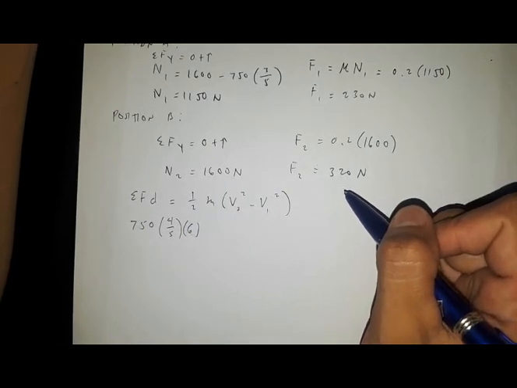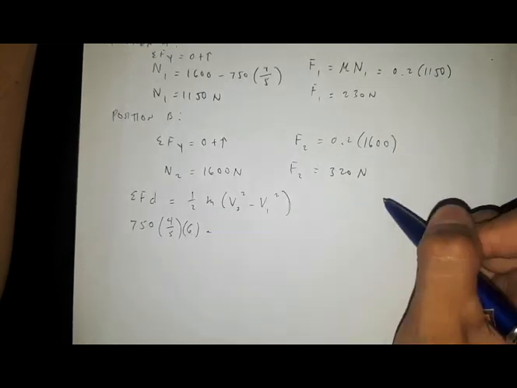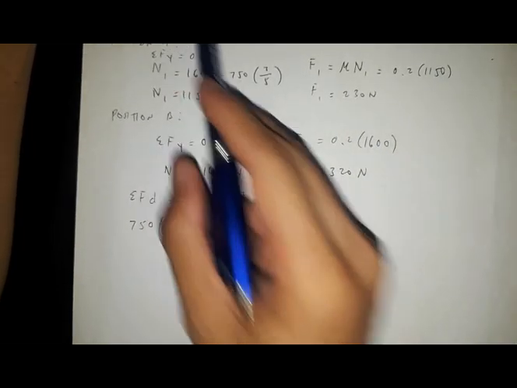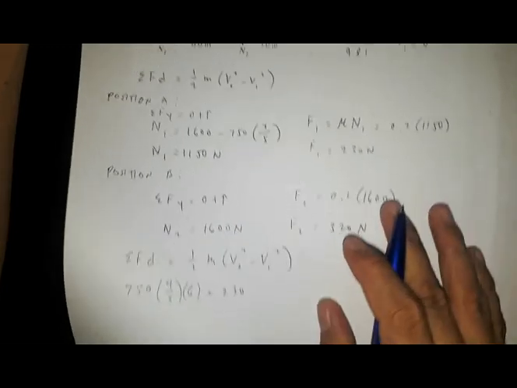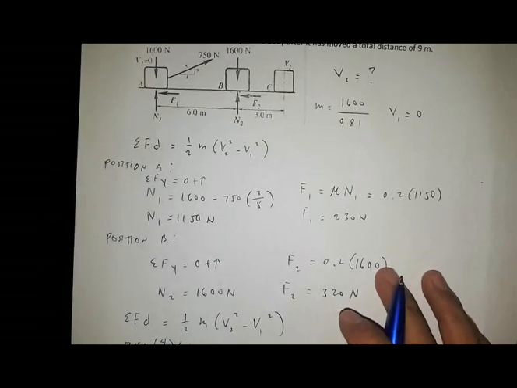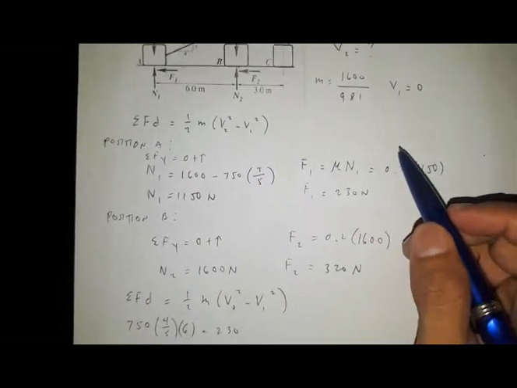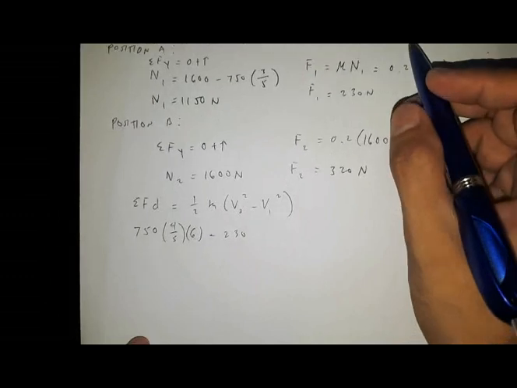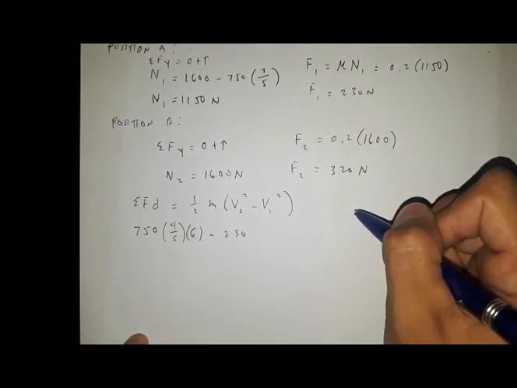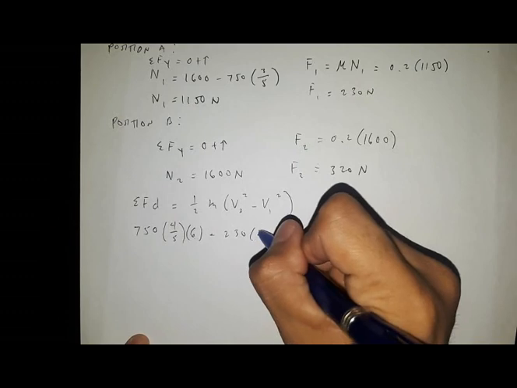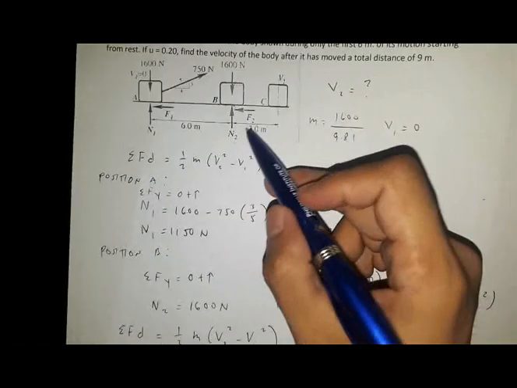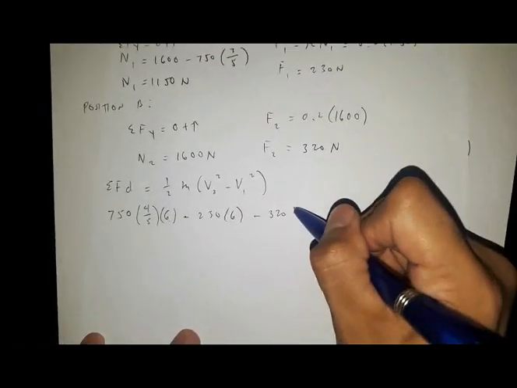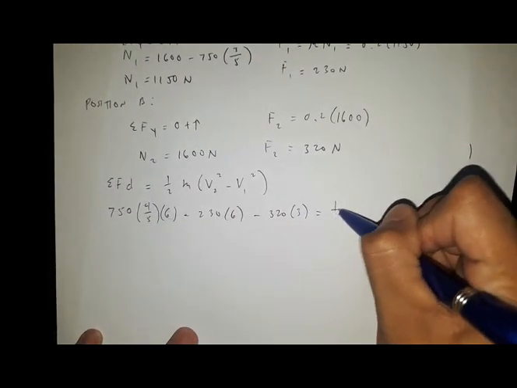Then the negative work, so we have minus F1, so 230. Since this is in opposite direction, we have our F1, 230 multiplied by the distance 6, minus you have your F2, 320 times the distance 3, equals 1/2.